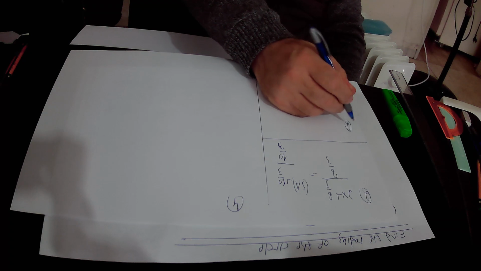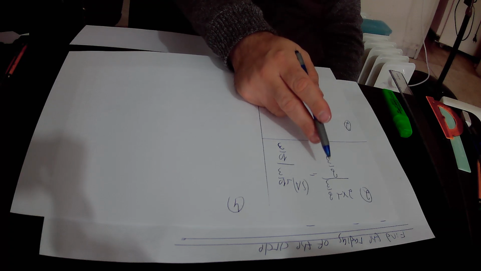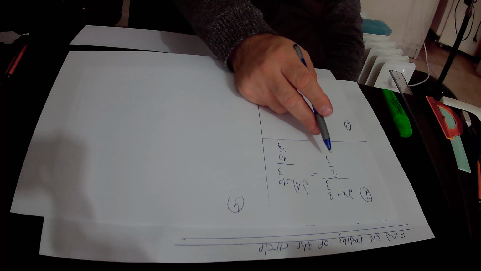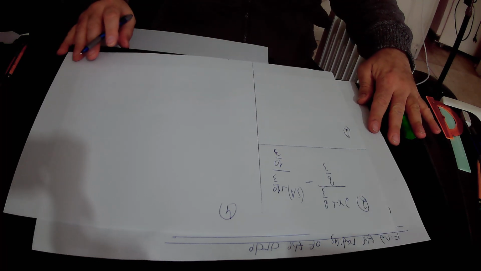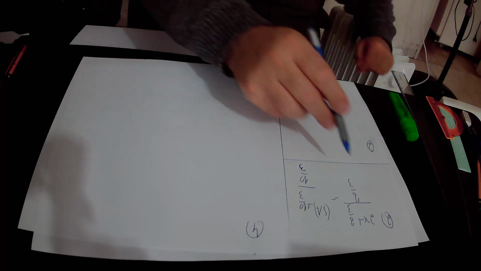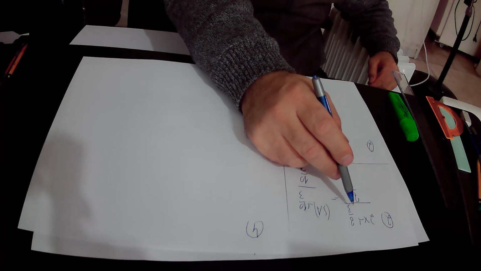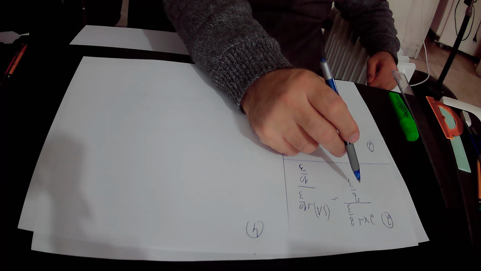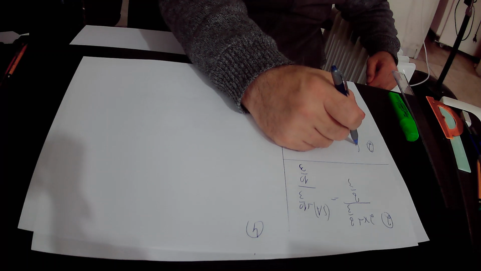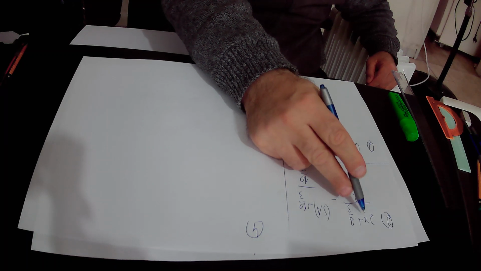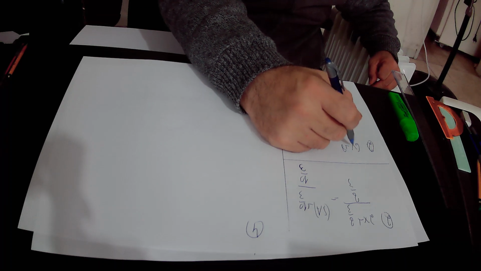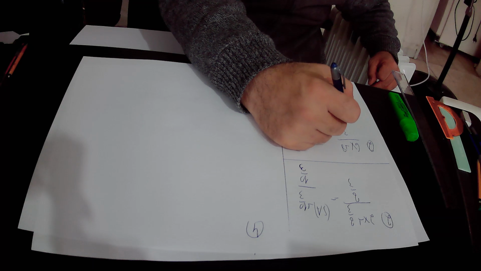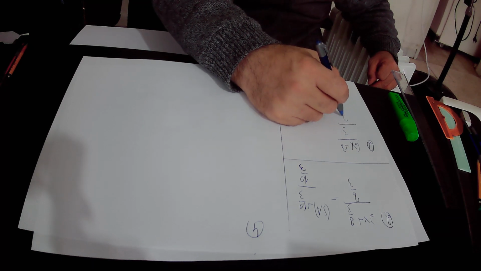So on this side of the equation we have 2x plus 8 over 3. We will multiply 2x by 3 and then we will divide it by 3 in order to have a common factor with 8 over 3. So 2x times 3 is 6x, so in total in the numerator of this expression we will have 6x plus 8 divided by 3, and we have to divide it also by 8 over 3.